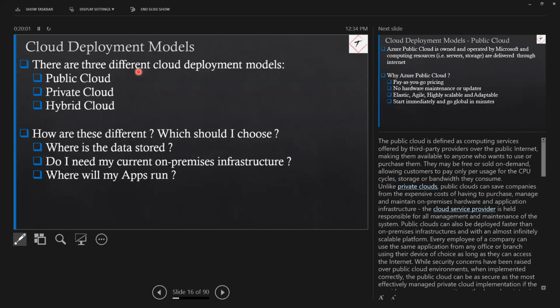The cloud service provider is held responsible for all management and maintenance of the system. Public cloud can also be deployed faster than an on-premise infrastructure, with an almost infinitely scalable platform. Every employee of a company can access this particular public cloud.